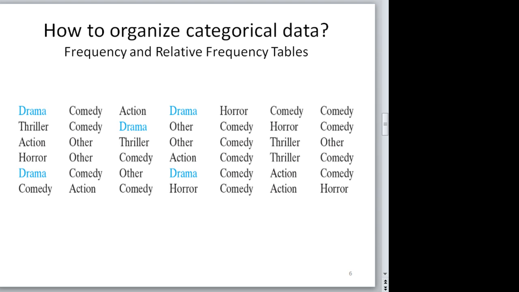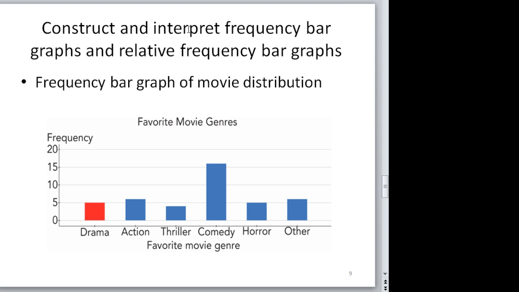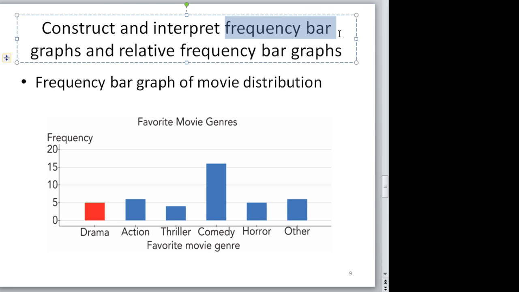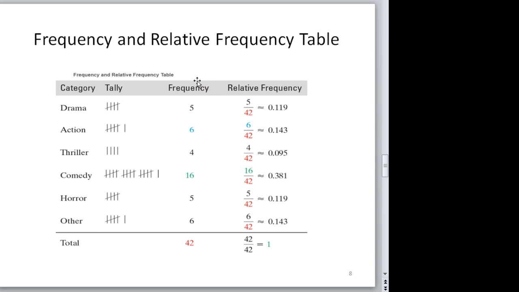So once you get that, now you want to graph this table, and that's what's called a frequency bar graph. And we're going to talk about the relative frequency bar graph soon. In this graph, you're just converting the frequency of different types of movie into a graph.